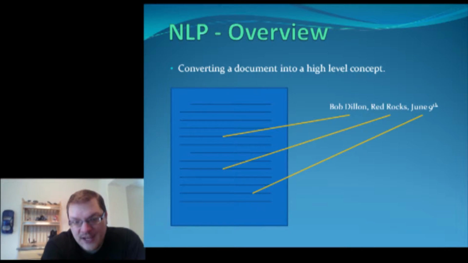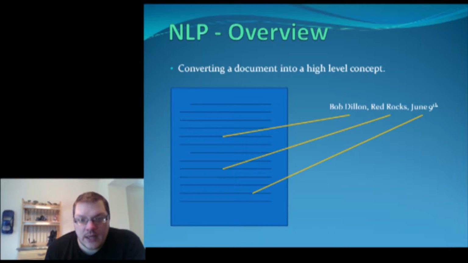We try to communicate through words the best we can as humans, and while it's easy for us to communicate that way, it's not very easy for computers to understand that communication. So NLP's goal is to try to convert that document into something that is more meaningful to a computer.